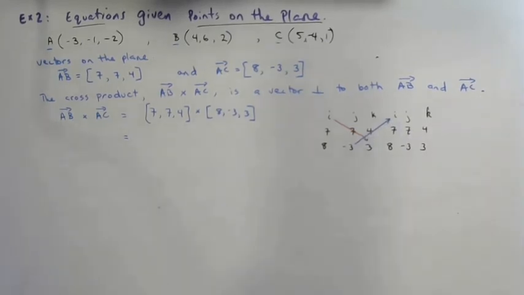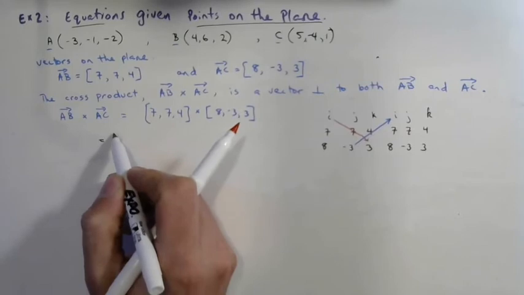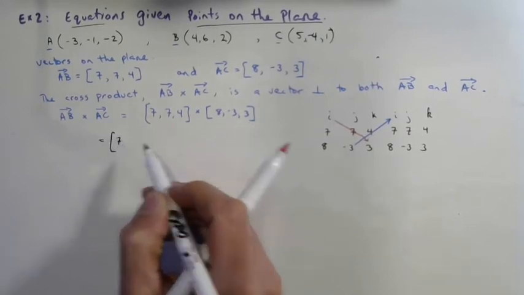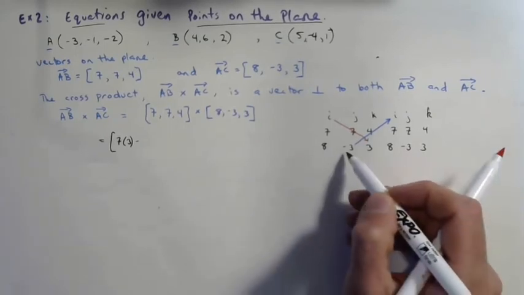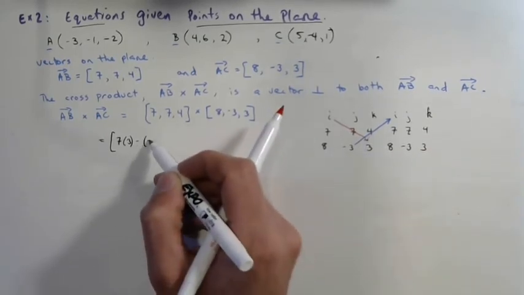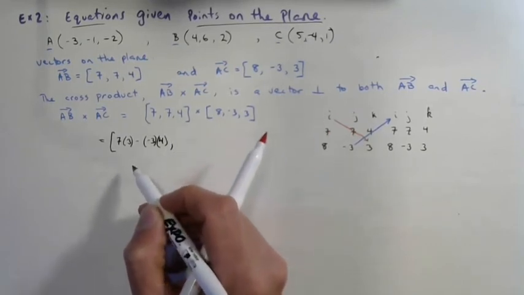Okay, so that's our first part. I'm going to write that down, and actually I'm going to end up running out of space, so I'm just going to bring this over here. We've got 7 times 3 minus negative 3 times 4. Okay, that's our x component.